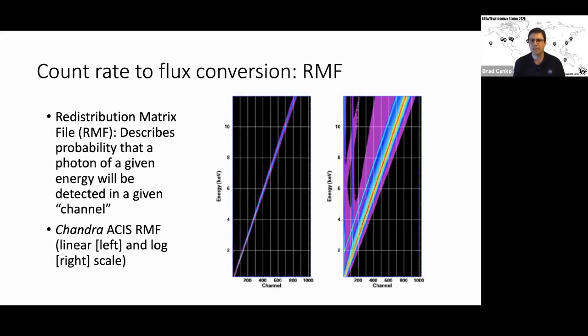So you can see here the Chandra ACIS, the primary imaging instrument on Chandra, RMF. It's pretty linear and shown as a linear scaling on the left, not surprising. There is some spread, it's not perfect. You don't always know, based on what channel a photon is detected in, what its true energy is. That's all that the spread in this RMF is effectively telling you.